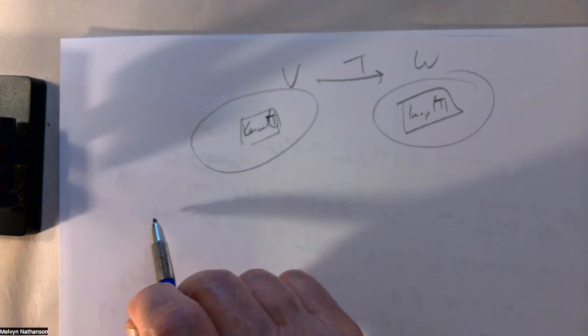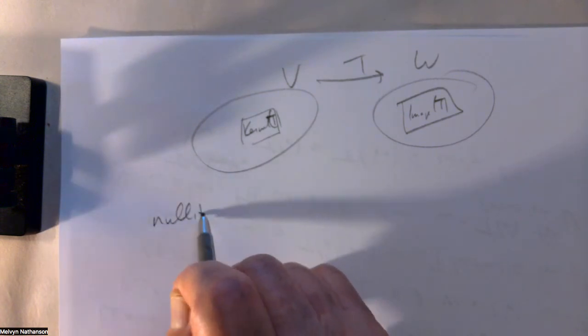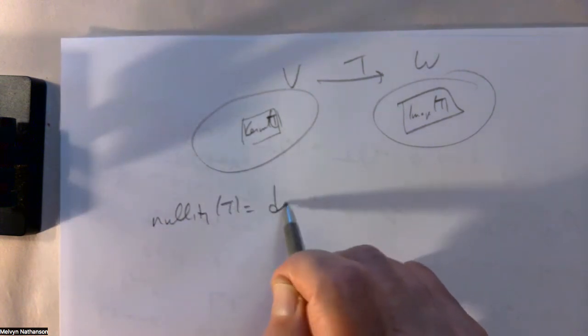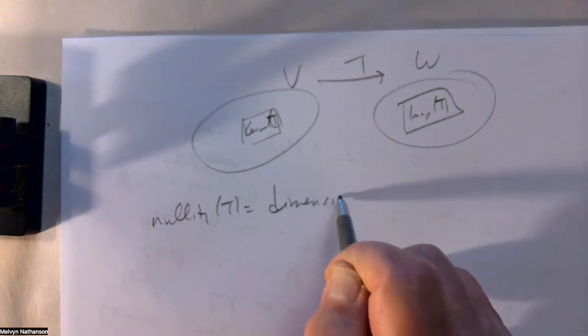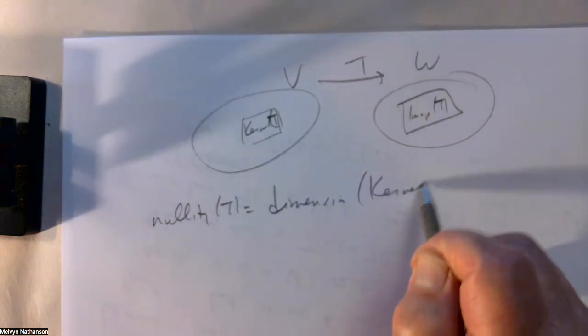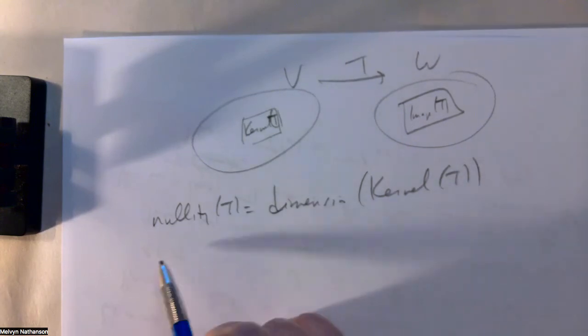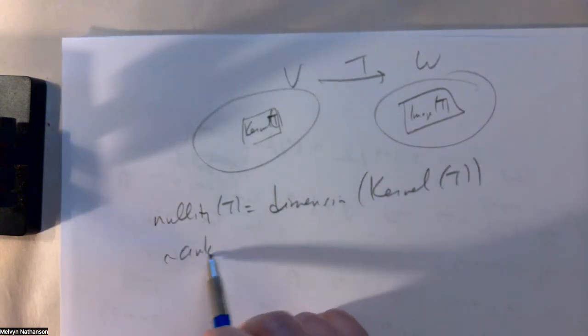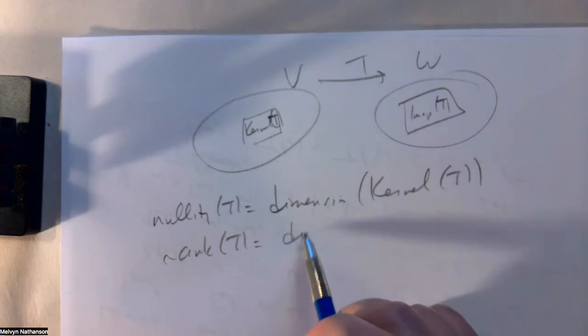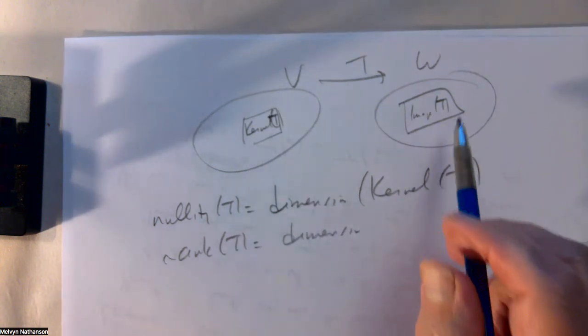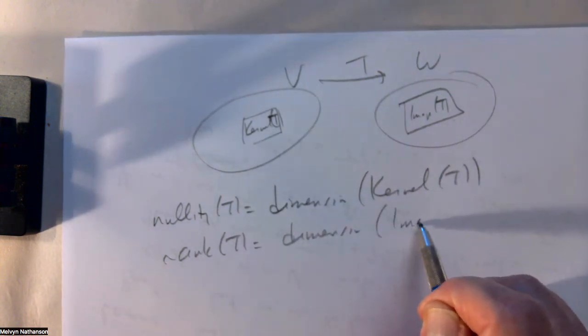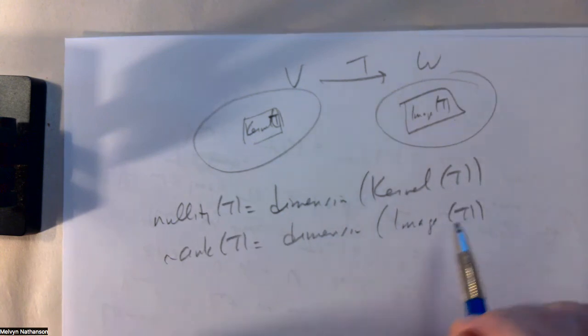So what is called the nullity of T is the dimension of the kernel of T. And what is called the rank of T is the dimension in W of the subspace image of T.